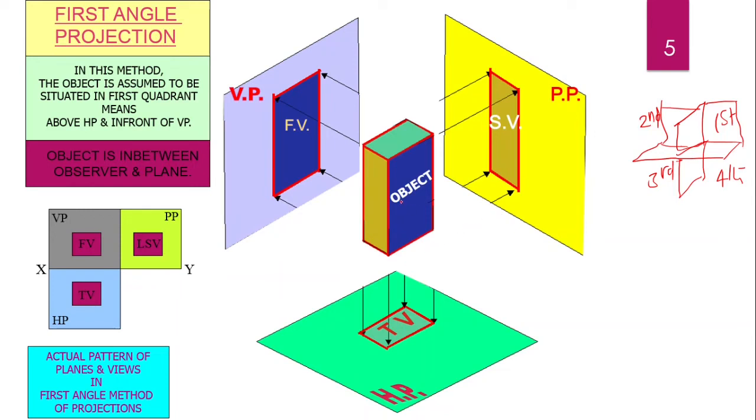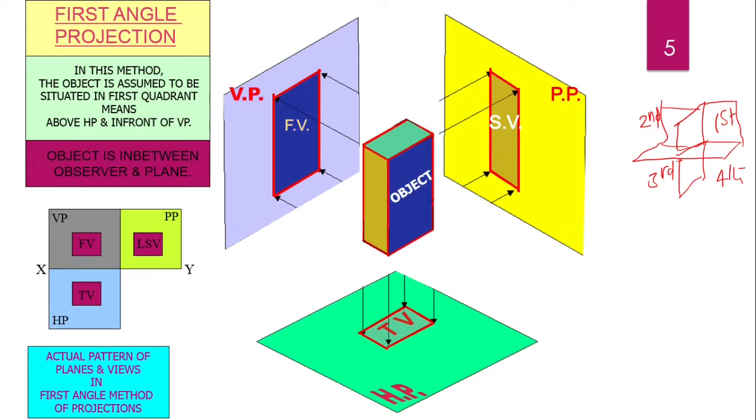Here this object is lying in the first quadrant. A view in which visual rays are perpendicular to VP is known as the front view, and that front view is always in VP. A view in which visual rays are perpendicular to HP is known as the top view, and the top view is always in HP.